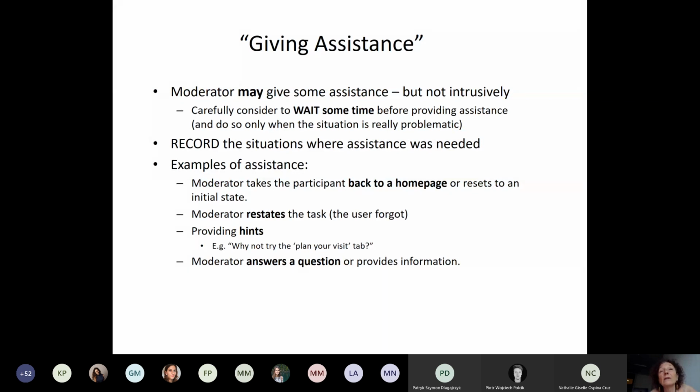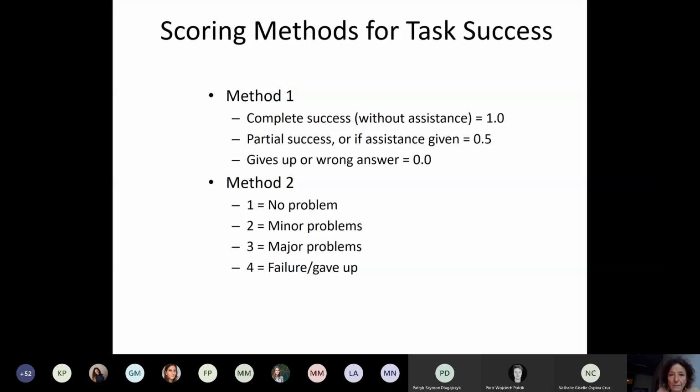It's important that you take note and record situations in which assistance was needed. A typical assistance instruction is, well, try to go back to the home page or try to follow that link. But again, only if there is a really dramatic situation, because if the user is not able to navigate freely and to use the system, it's a severe usability problem. So I hope you never get into a situation where the user would not continue to do anything without your assistance.